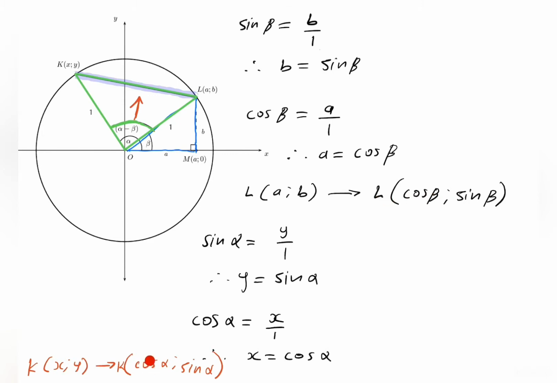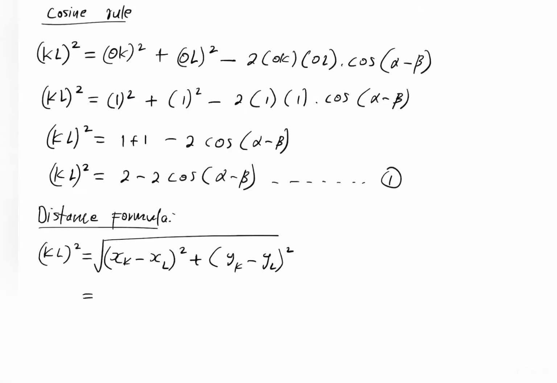So this one is X at K, Y at K, X at L, Y at L. Therefore, now we substitute: KL squared is going to be the cos of alpha minus the cos of beta, all squared, plus Y at K, which is sine alpha, minus Y at L, which is sine beta. And then we put a square root sign there.